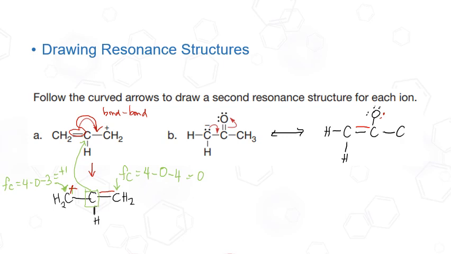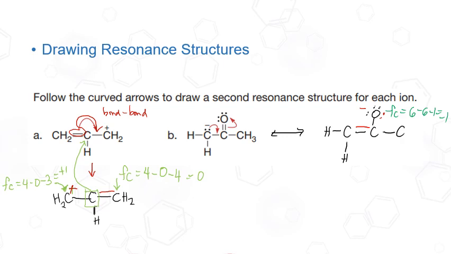And then it has now 3 lone pairs. So then we have to find its formal charge. So that's valence, which is 6 for oxygen, minus 1, 2, 3, 4, 5, 6 free electrons, minus 1 bond. That gives you a negative 1, which tells you that your negative 1 charge ends here.